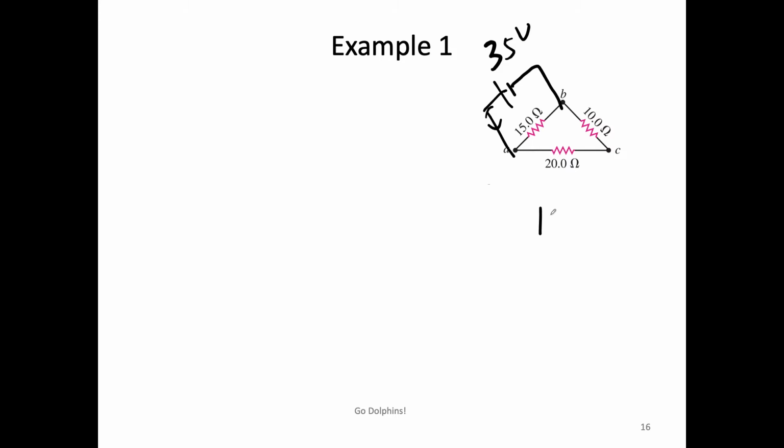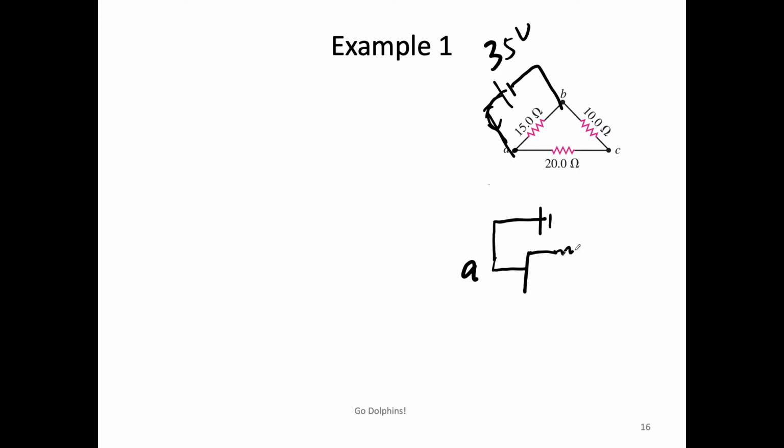Maybe we need to redraw this diagram a little bit to help us understand. You can see your positive end is connected to A. From A, it splits.